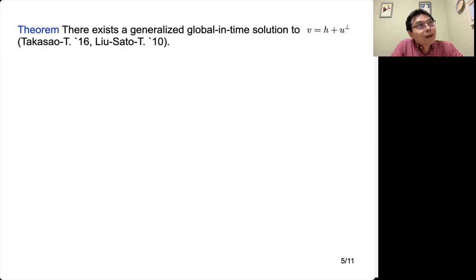But in the setting that I'm explaining, the vector field has to be defined everywhere, at least in the neighborhood of the moving surface, so it's a slightly different direction.